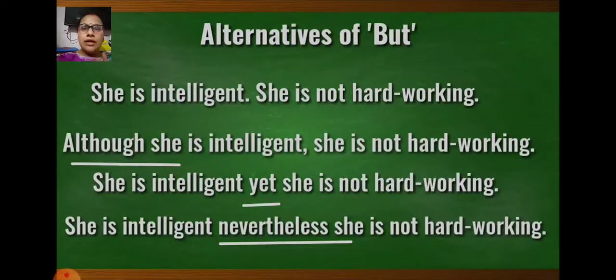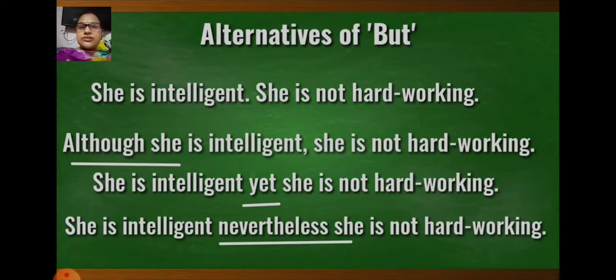Let's move forward. Alternatives of but. Remember students, we use but basically to present two contrasting ideas about the same person. For example, she is intelligent, she is not hardworking. I am giving two contrasting statements about one person. She is intelligent but she is not hardworking.